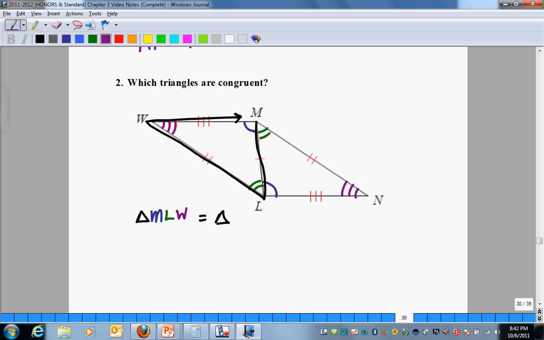So on the right-hand side, the 1 sweep is L, 2 sweeps is M, and then N around this way. So on the other side, the matching triangle is going to be L, then M, then N.